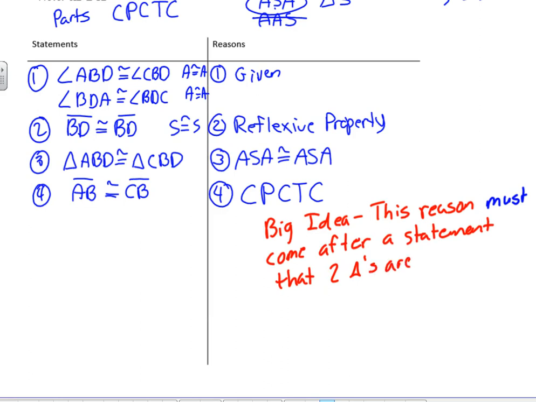So for us, that was what we did in step 3. In order for that reason, CPCTC, corresponding parts of congruent triangles are congruent, it has to follow a statement that the triangles are congruent.